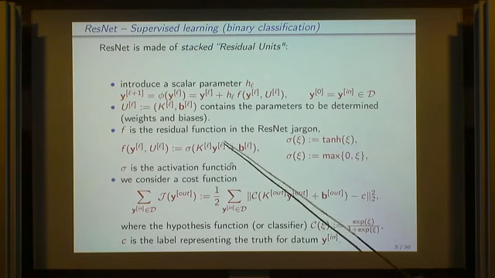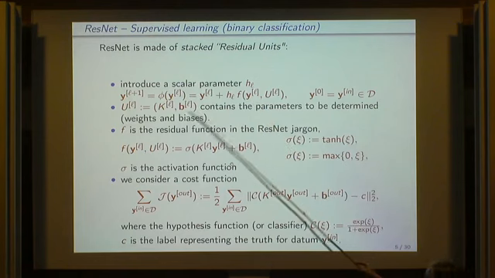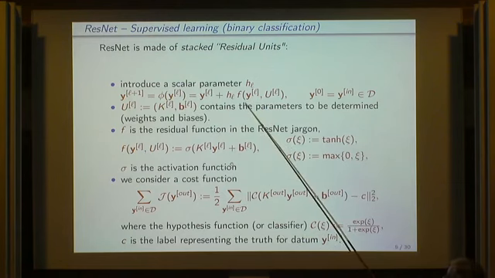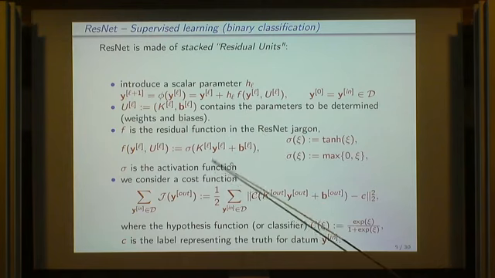So just to add some more detail on how a typical ResNet would be, the residual function F here has this format.